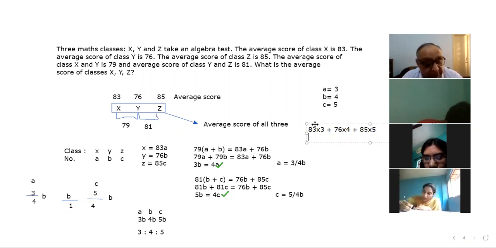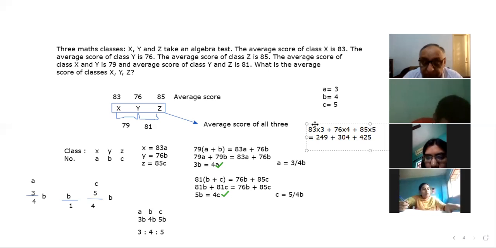So that would become 249 plus 304 plus 425, which would be equal to 2 plus 3 plus 4, that is 700.